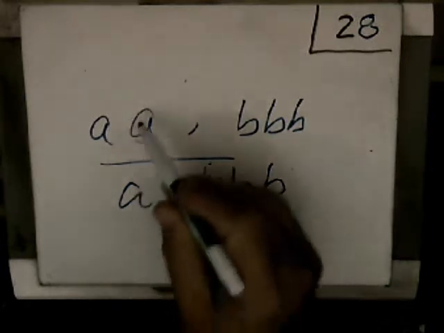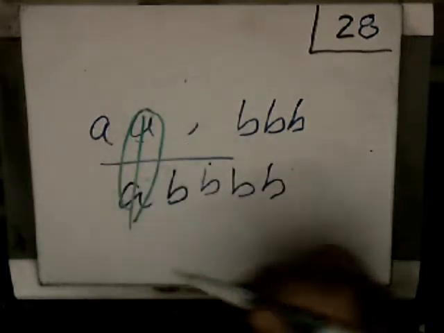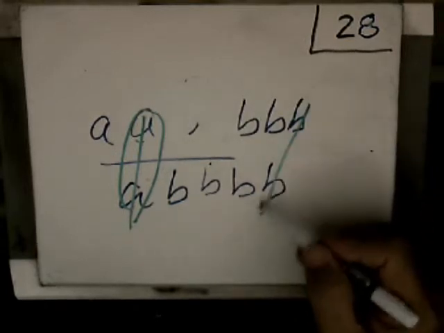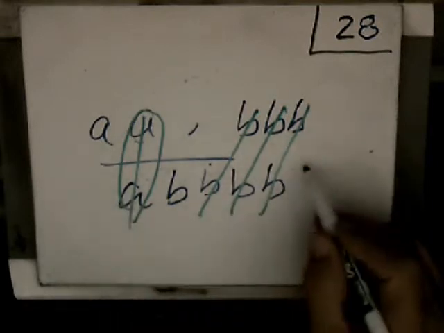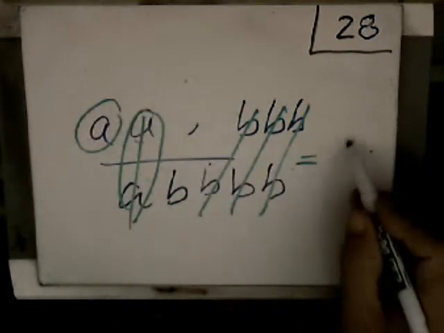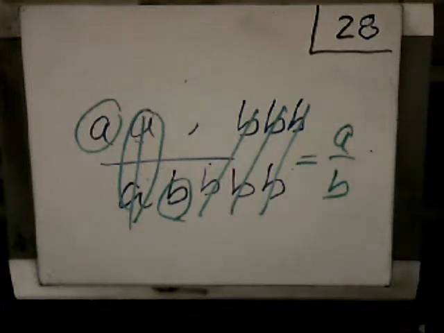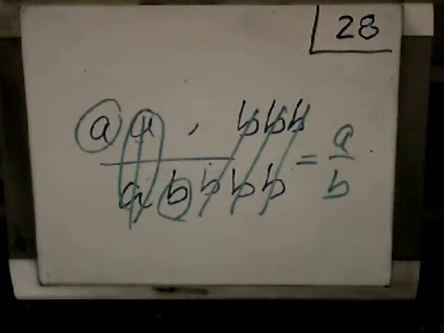Well, I can say A divided by A is just 1. That leaves me an A up there. I have 3 B's here and 4 down here, so crossing out B to B leaves me with a B on the bottom, so my end result would be the A over the remaining B, and I would have accomplished my task. Well, this is a little drawn out, so let's go back to the idea of subtracting their exponents.